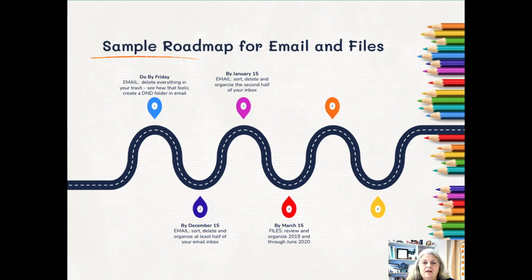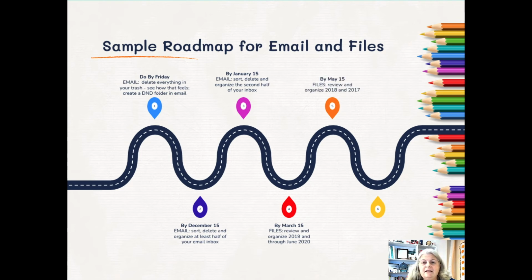And I know that March and April and May, there's really never any good time for this, but again, this is just a sample roadmap, so if your schedule and your department's program runs in a way where that's a bad time to be culling information, so be it.